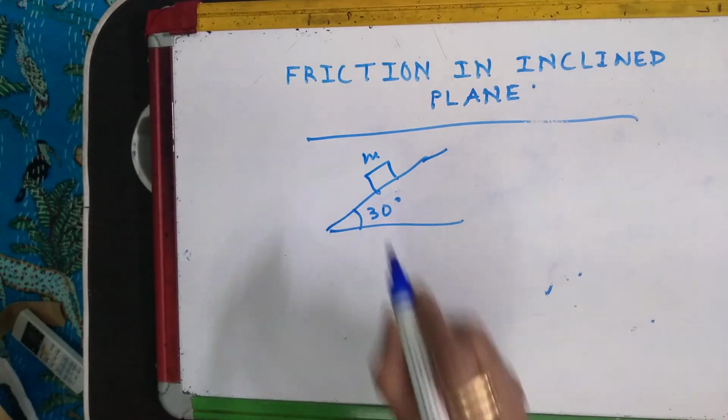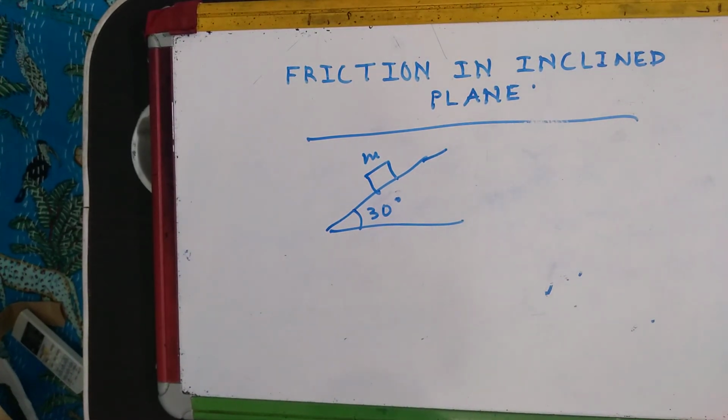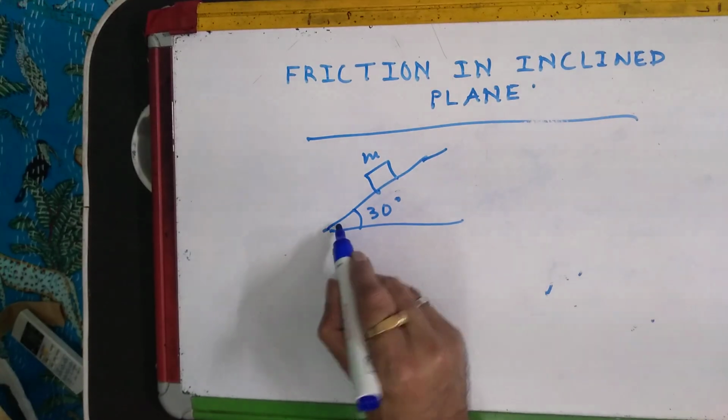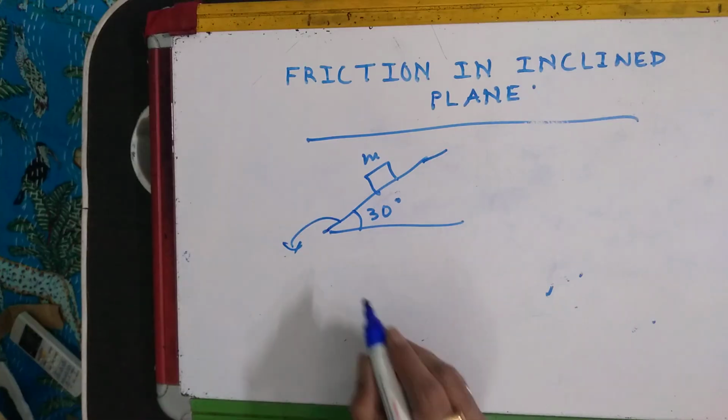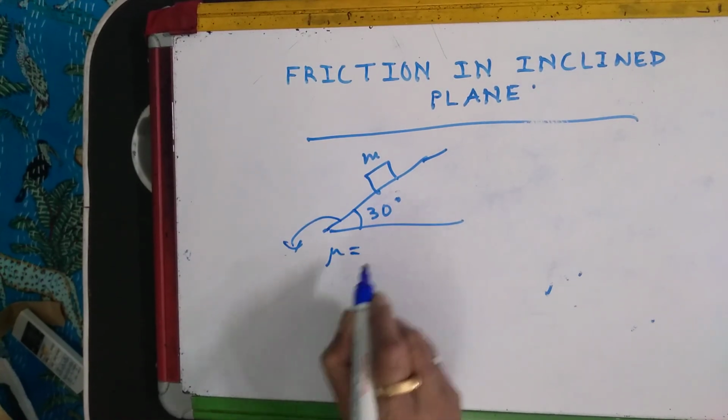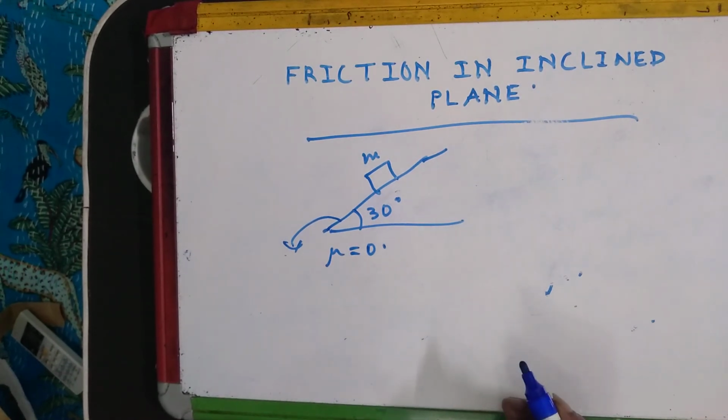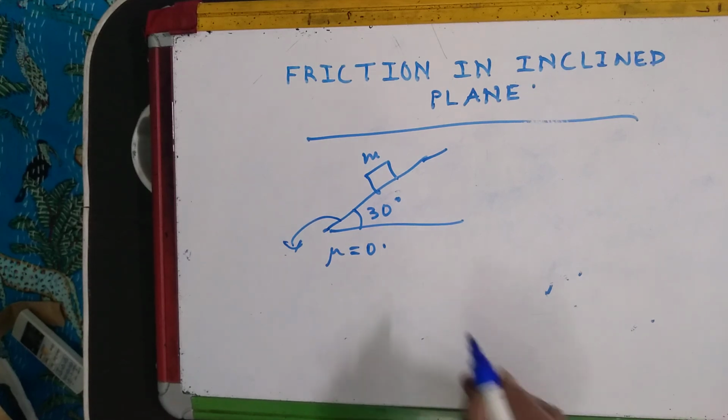Let us say this is the mass. The coefficient of friction, which we assume here is the static coefficient of friction, is given as 0.8.